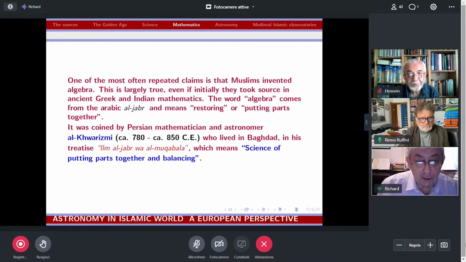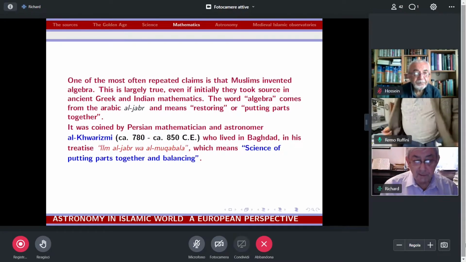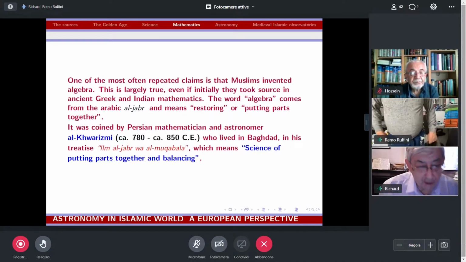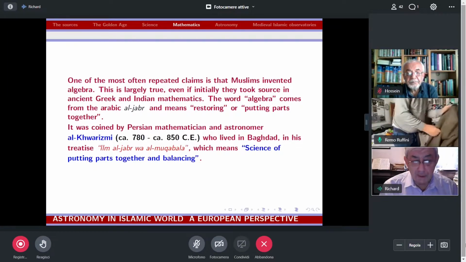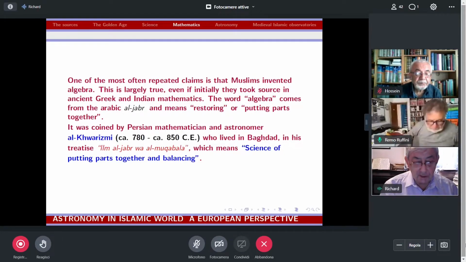And now I turn to mathematics. One of the most often repeated claims is that Muslims invented algebra. This is largely true, even if initially they took sources in ancient Greek and Indian mathematics. But the very word algebra, which comes from Arabic al-Jabr and means restoring or putting together, was coined by Persian mathematician and astronomer Al-Farabi, who lived in Baghdad, in his treatise Al-Jabr wa al-Muqabala.